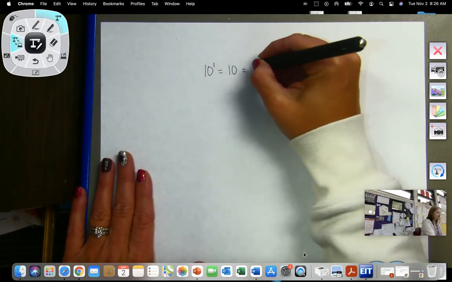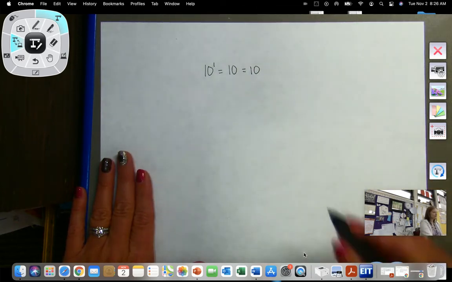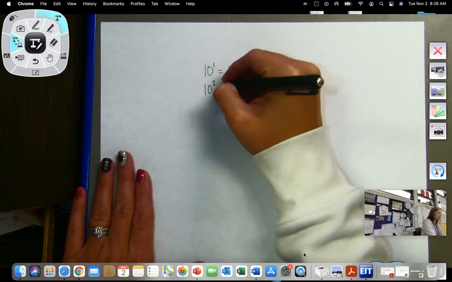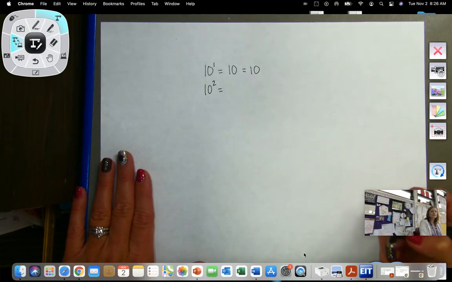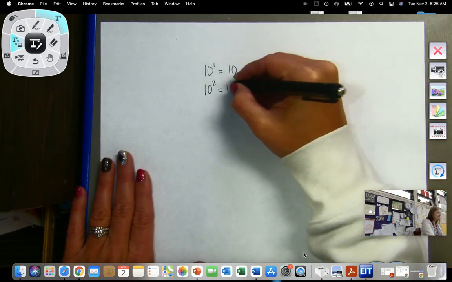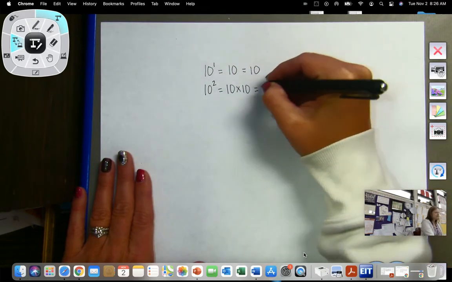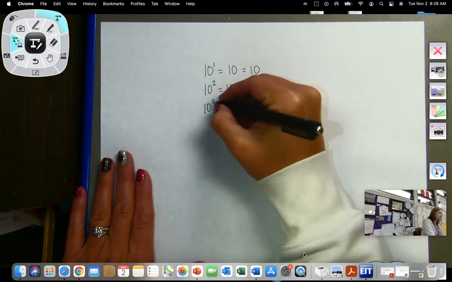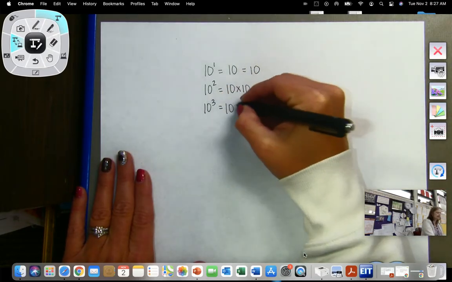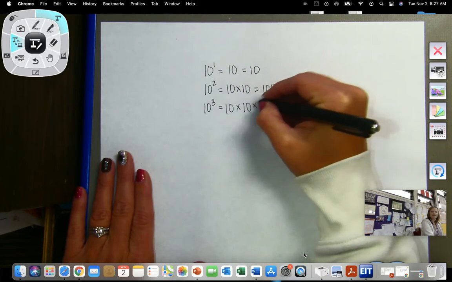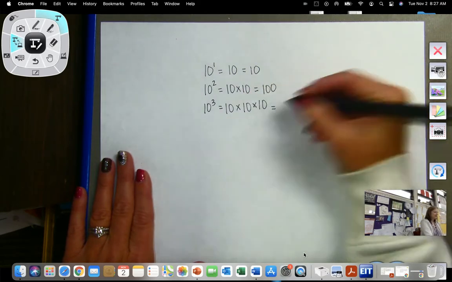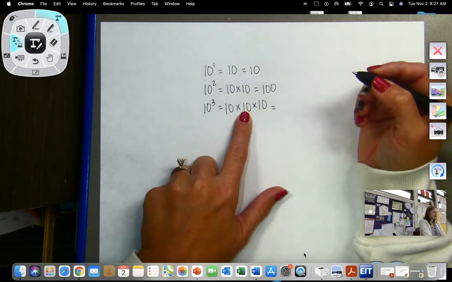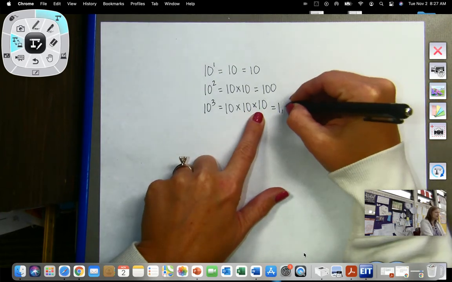Now, if we go to 10 squared, that means 10 to the second power. That really means 10 times 10, which is equal to 100. 10 to the third power equals 10 times 10 times 10. And remember, 10 times 10 is 100, times 10 is 1,000.